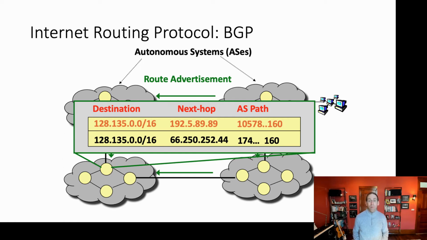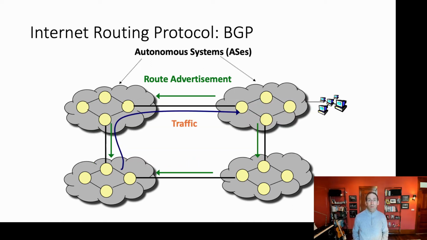The next hop, which is the IP address that a router should send traffic to, to send traffic on its way along the next hop and route to the destination, and the AS path, or the list of ASs that the route traverses en route to the destination, encoded as a sequence of numbers, or so-called AS numbers. Having learned a BGP route advertisement, an AS can then route traffic over one of the routes it chooses to the corresponding destination.